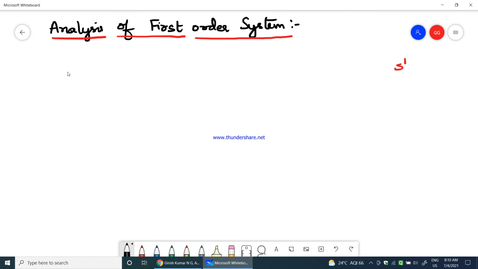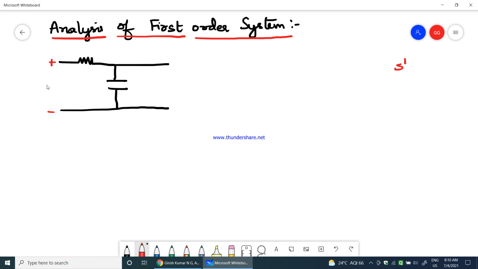Let us see how to get a system which gives me a first order system. I'll take a small electrical circuit example which comes under first order system. A simple RC circuit, a filter circuit, comes under first order system. This is normally what we call an RC filter circuit.